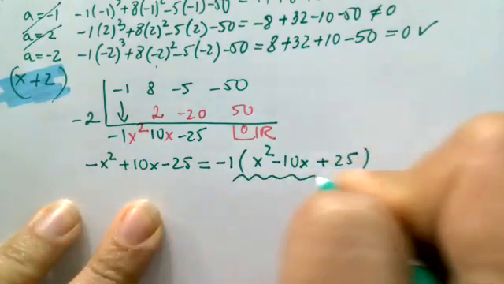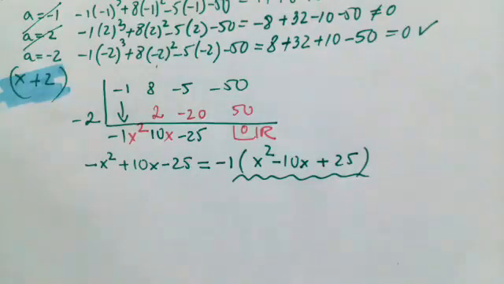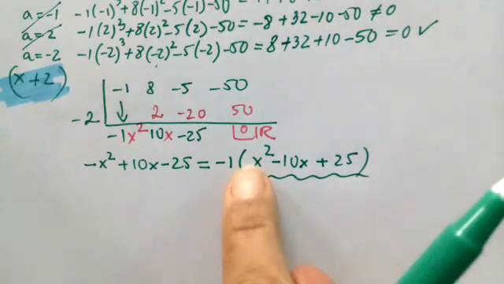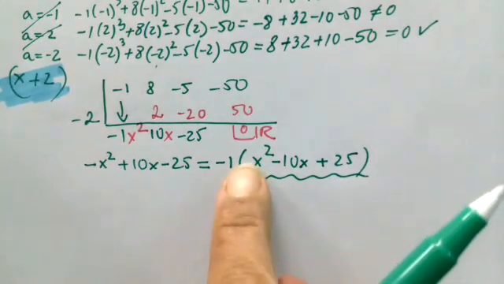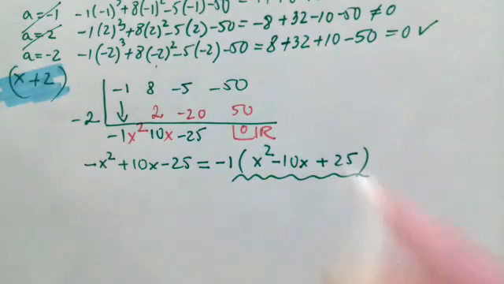Now inside this bracket, I have the easier kind of quadratic that gets you to the factored form in one step, because the number in front of x squared is just 1. Clear? Okay.